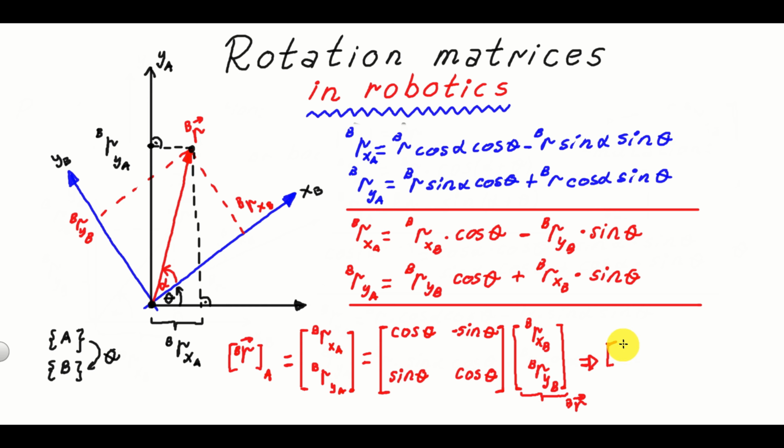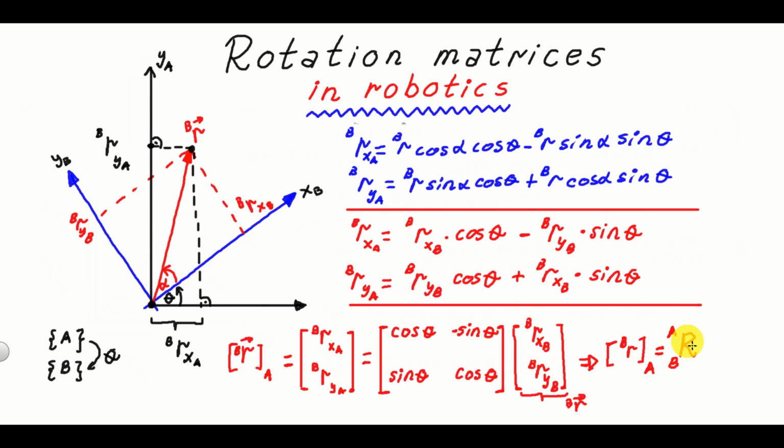We will have RB as a vector in the coordinate system A is equal to the rotation matrix. That is, this matrix over here is the rotation matrix, and it's denoted like this. Rotation matrix of B with respect to A.